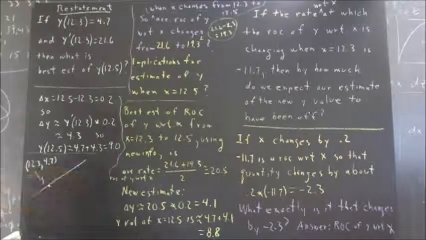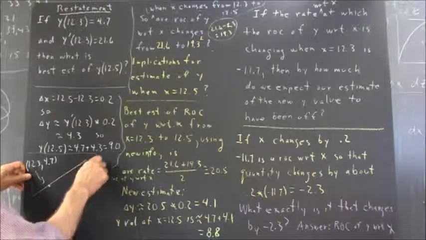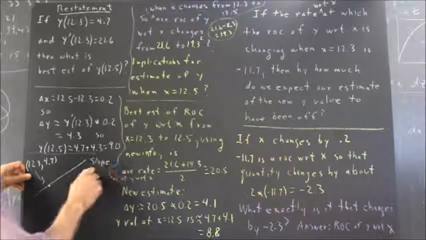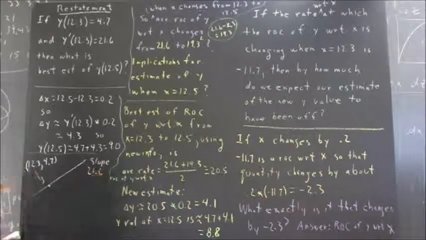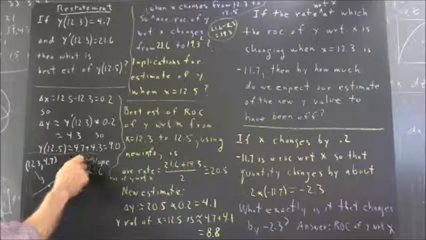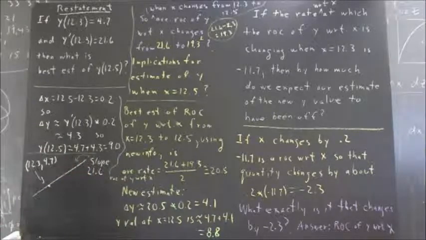We have a segment here whose slope is equal to the derivative. So we're going to say the slope here is 21.6. So that's the slope of the segment.